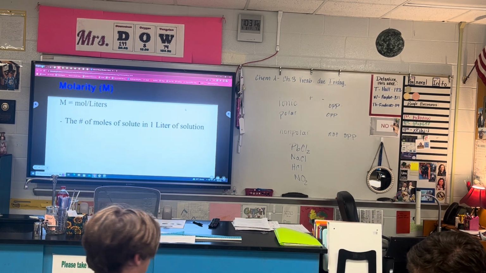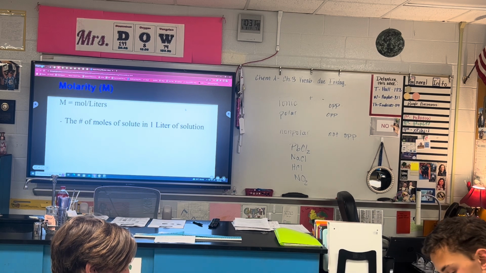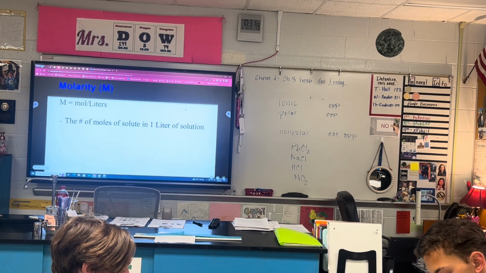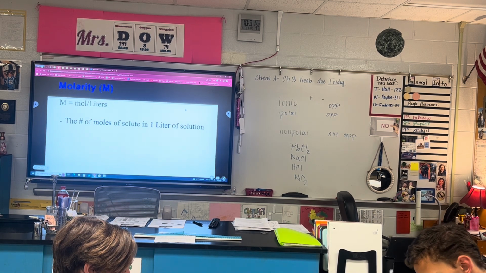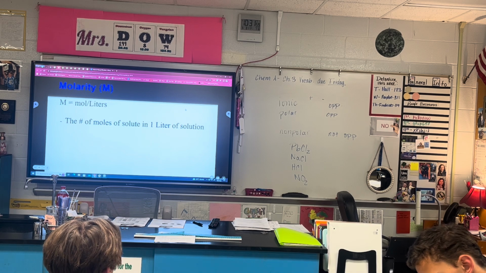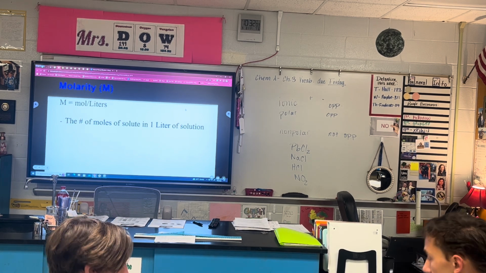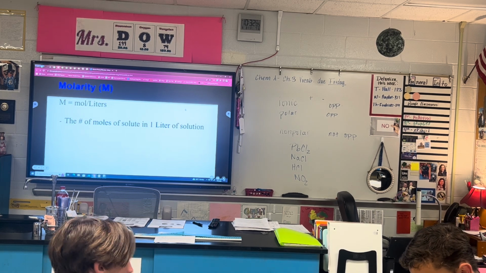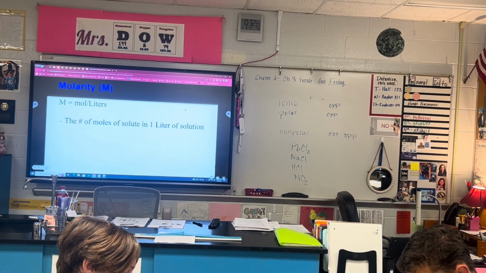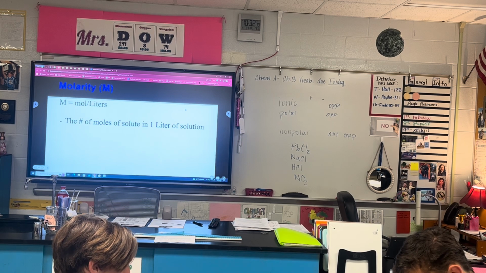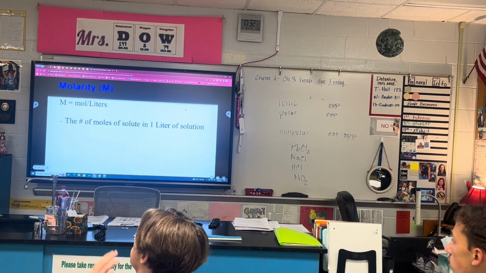Alright, so molarity, like I said, is moles per liter. So it's the number of moles in 1 liter of solution. Have you all ever been in the lab and on the bottle of chemical it said like 1M and then the chemical's name, or 0.5M or 0.1M?